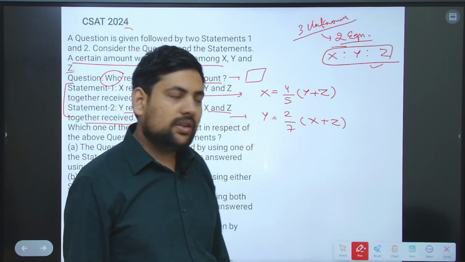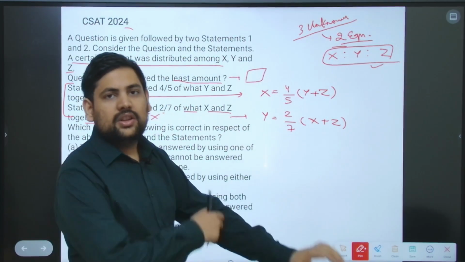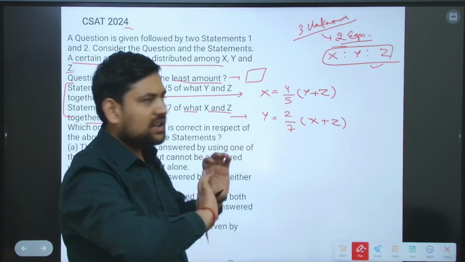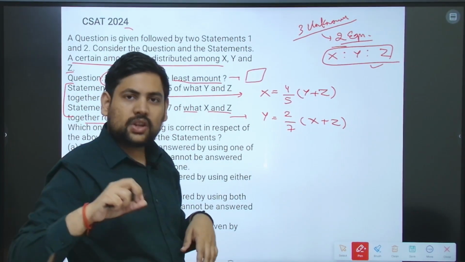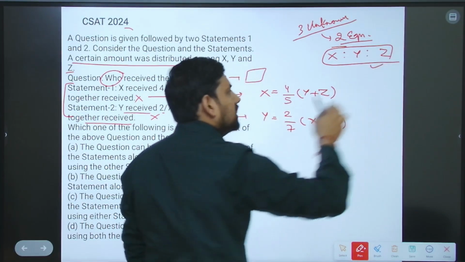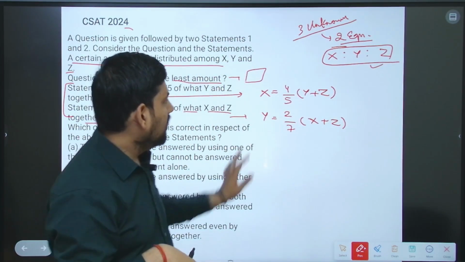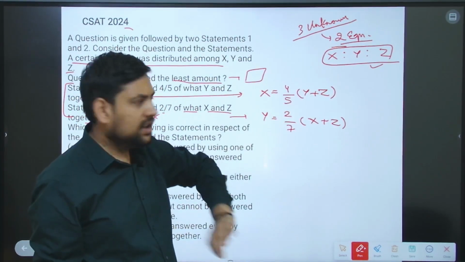Understood? You won't be getting the exact value, but you will get the ratio. Because eventually, let's say the sum is some fixed number. Now you will at least get to know which one will be what proportion of that sum. You will see how.